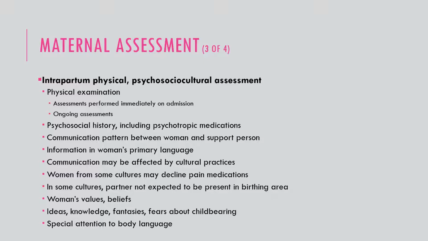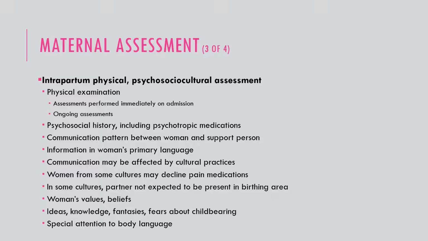The communication pattern between you and the patient, and between the patient and the support person, is something that is very key. She has to be able to feel like she can communicate with you as the nurse for her labor and delivery to progress in a manner that's acceptable for her and that she'd have a good outlook on.